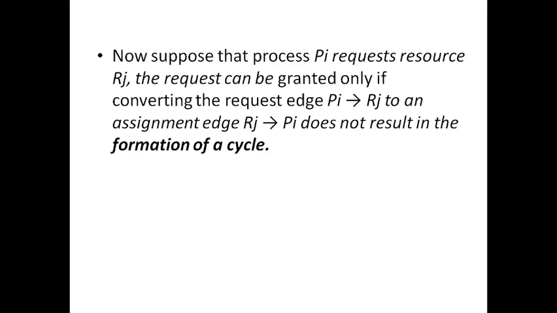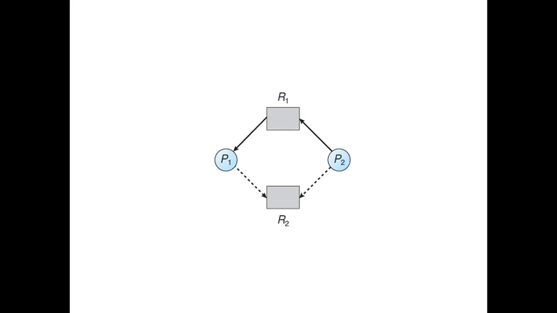So what we have to do is that whenever a request is made by, let's say, P2 for R2, this will be converted into a request edge, and if that request edge forms a cycle, then only we have to treat it as a circular wait, and we should not allocate that resource to the process.